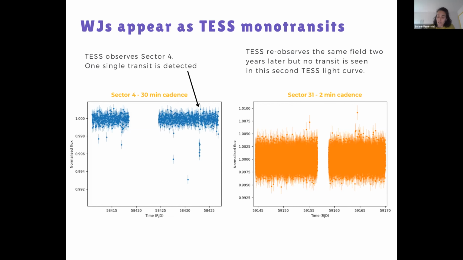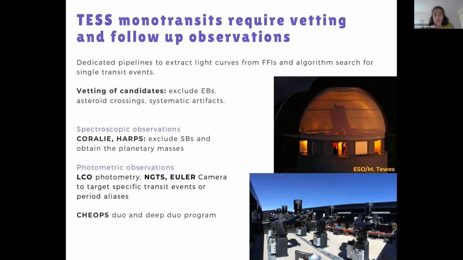So we need a lot of follow-up to try to confirm this type of event. And for that, I use first a broad vetting on the light curve, of course, to exclude EBs or asteroid crossings. And then we look at spectra to try to find out if the planet is a true planet, or it could be a spectroscopic binary, for example.